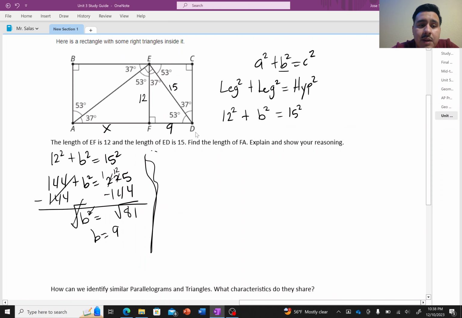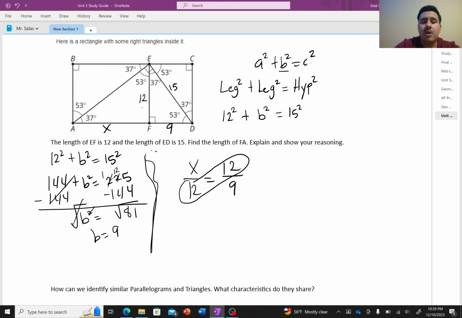For my triangle AFE, my ratio is going to be x over 12 is equal to, well, the AF side corresponds to the EF side in the smaller triangle. So the 12 will go on top and the 9 will go on bottom, since 9 coincides with 12 in terms of the smaller legs. I'm going to cross multiply, or use the butterfly method, as many of you like to call it.